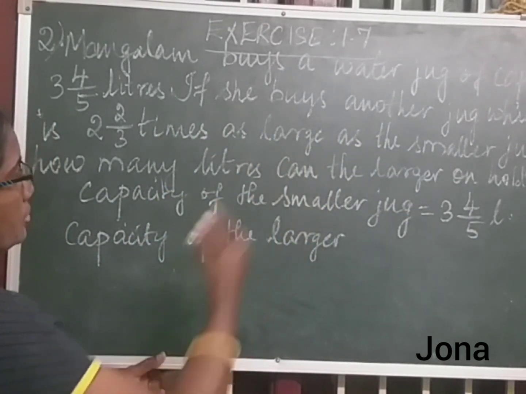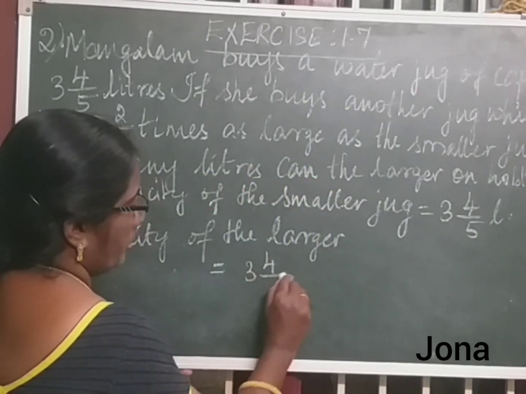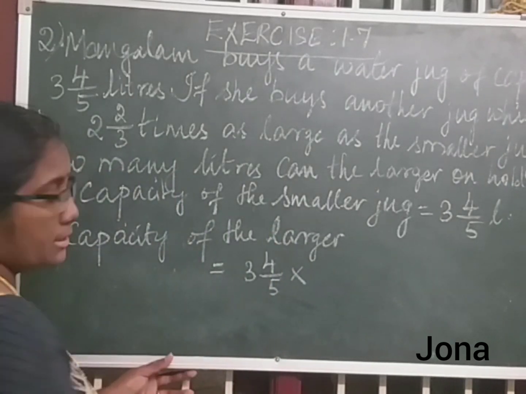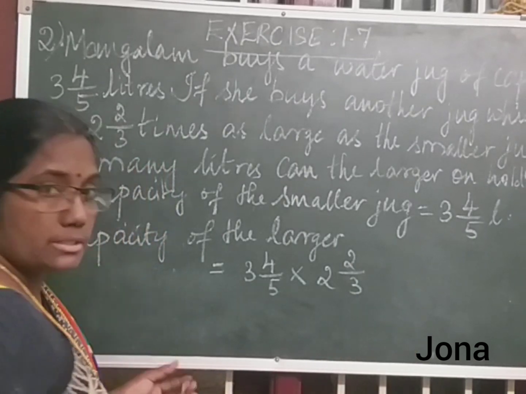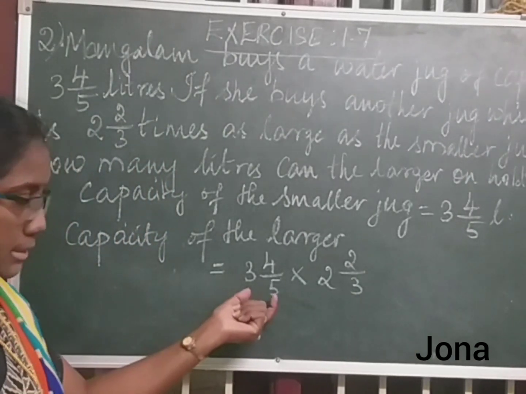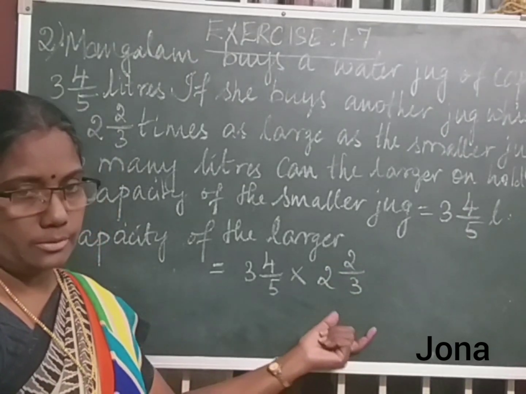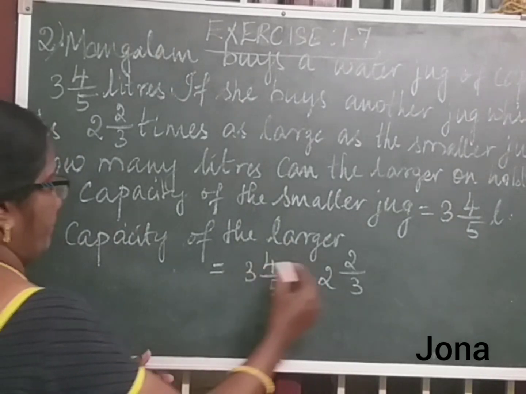So I want to multiply both: 3 4/5 into 2/3. The smaller jug is 2/3 times larger, that is the capacity of the larger jug.